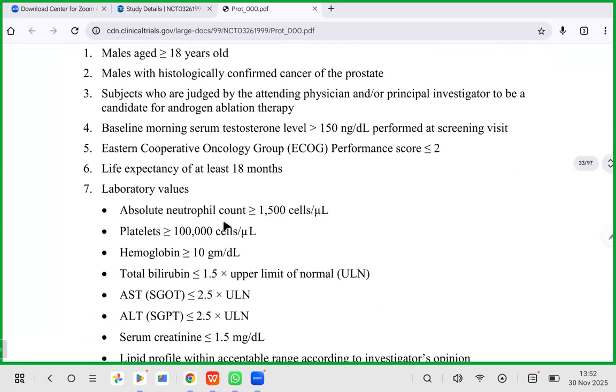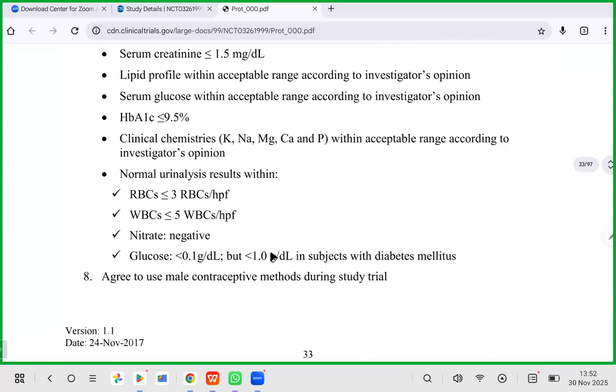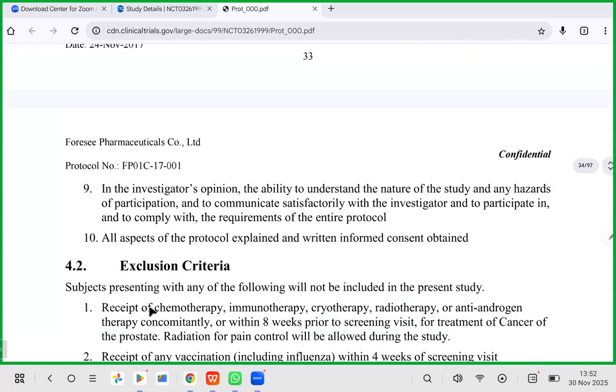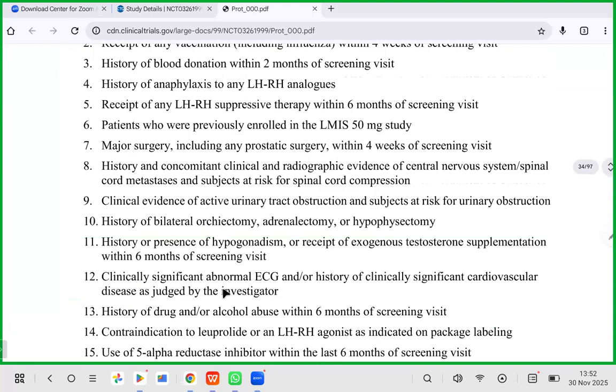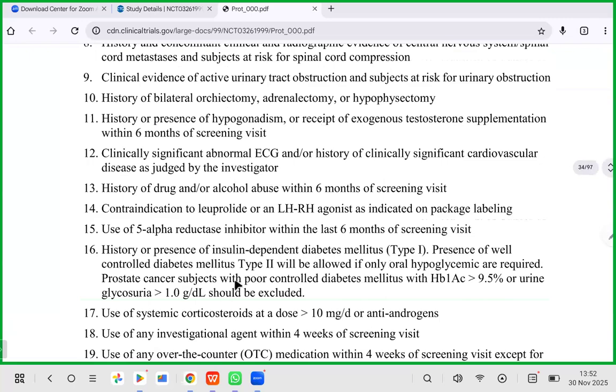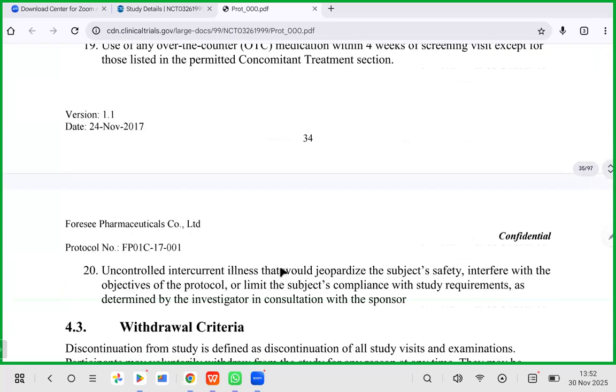Similarly, there will be some exclusion criteria. Anything that comes under this, they will be omitted from the clinical trial.